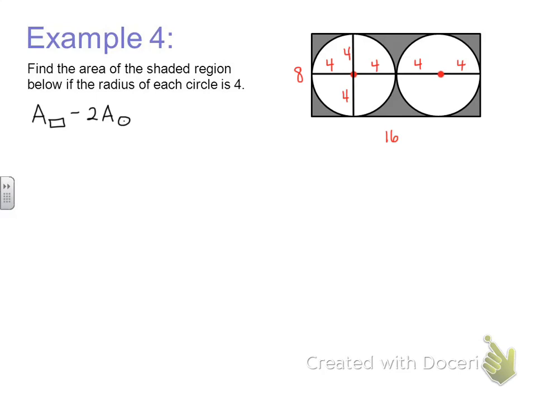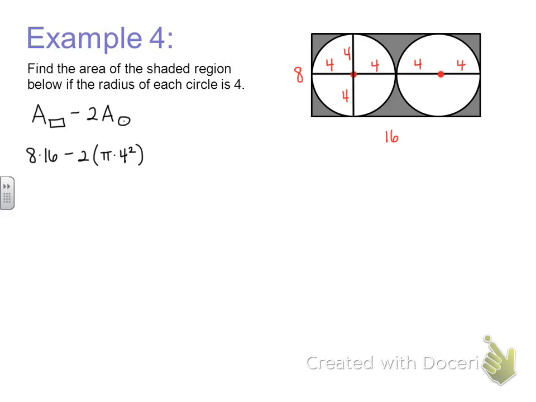So when I am finding the area of the rectangle, what are my calculations? 8 times 16 minus 2 times, and then how do I find the area of one of the circles? Yep, it'll be pi times r squared, which will be 4 squared. And 2 of them because I have to subtract 2 circles total, right?